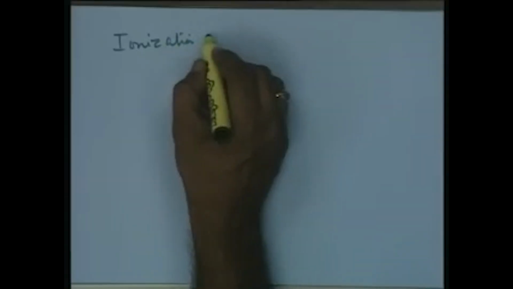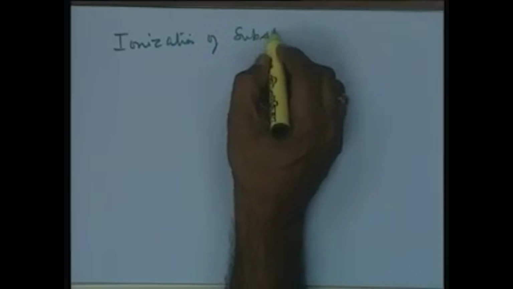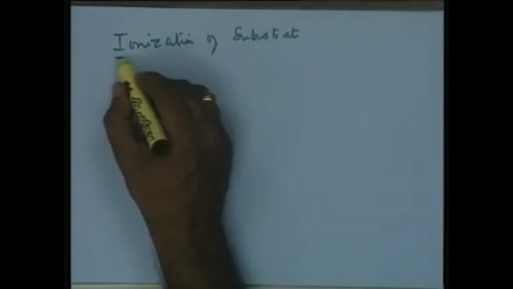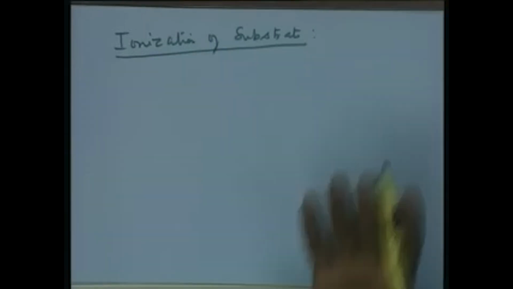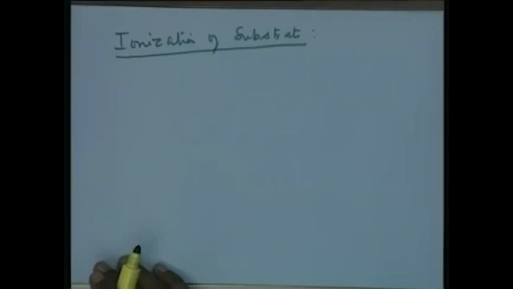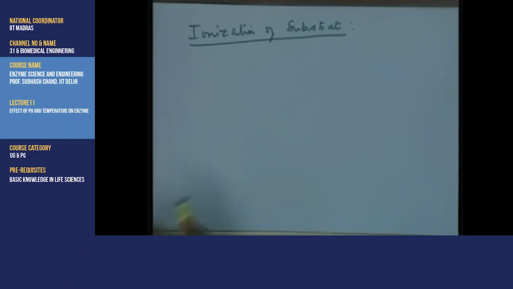The next stage, which is again very important, is to look at the ionization of substrates. Because it is not only important that the enzyme may ionize, it is also very commonly feasible, when you are handling charged substrate molecules, and very often even the protein itself is a substrate which is a polyelectrolyte with many ionizable functional groups, that the binding of the substrate to the enzyme will depend upon the ionization state of the substrate.